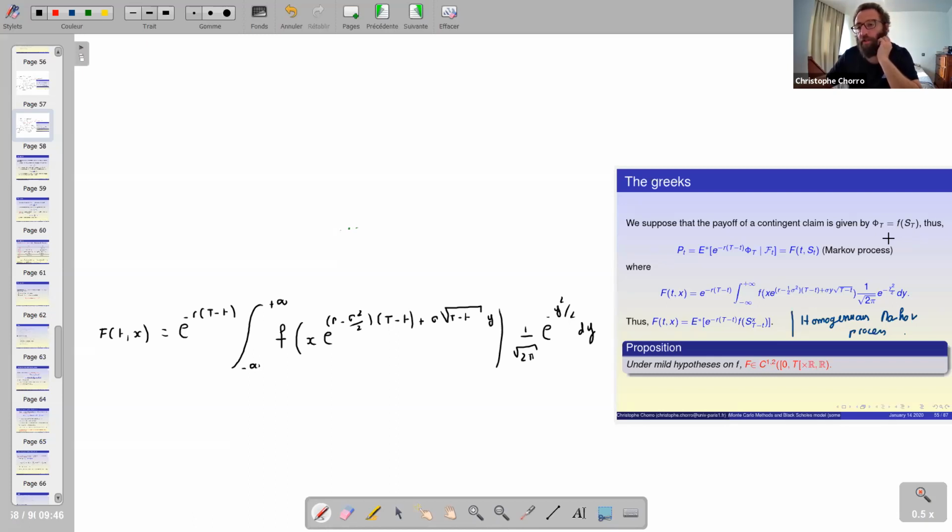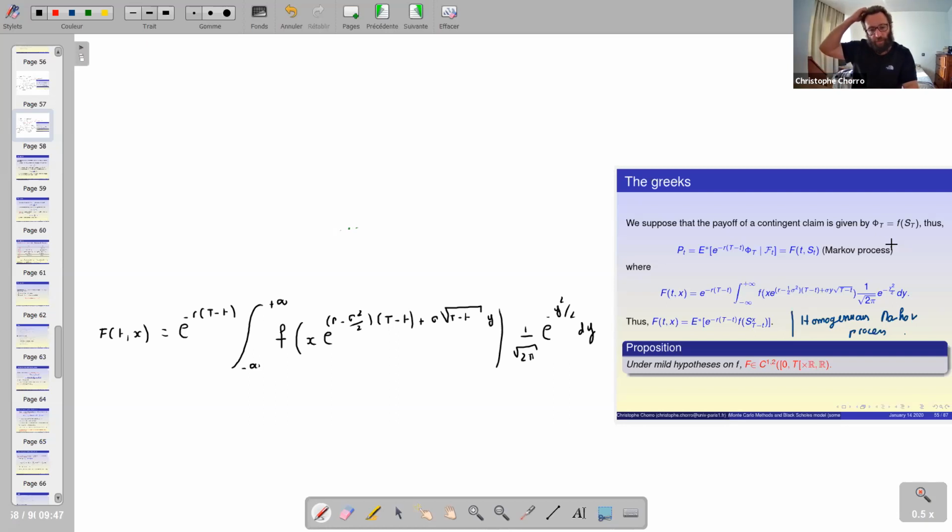For example, if you take a call option, you have a mapping that is not differentiable at the strike, so you have mappings that are not very regular. But I said that under very mild hypothesis, capital F is regular, even if small f is not. And by regular, I mean differentiable in the variable of interest.